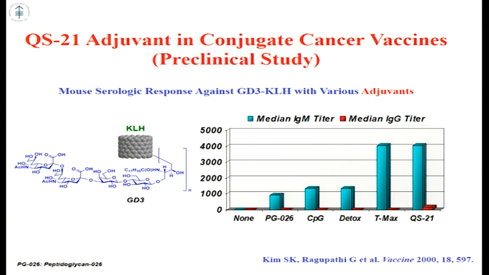We saw that QS21 was superior, and TiterMax was also superior, but somehow with QS21 we were able to get enough quantity to do the clinical trial. That's why we settled on QS21. After this preclinical work we did a lot of characterization, not only the adjuvant effect but antibody and complement effects, everything, which would take another talk.